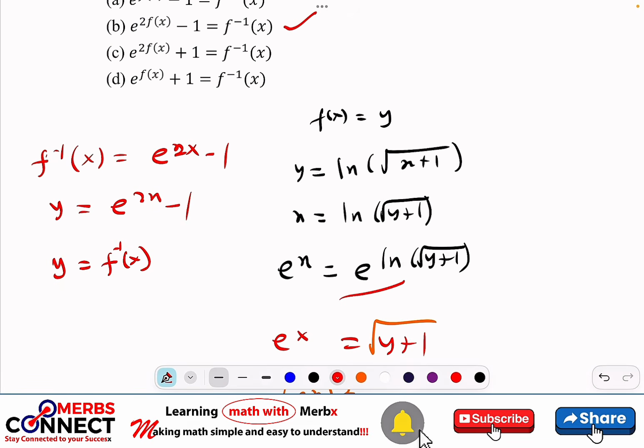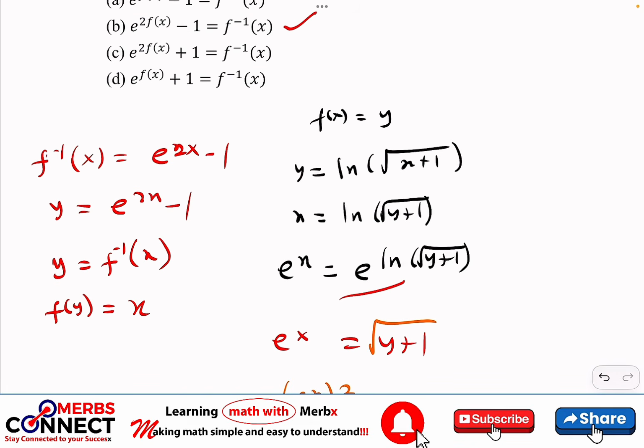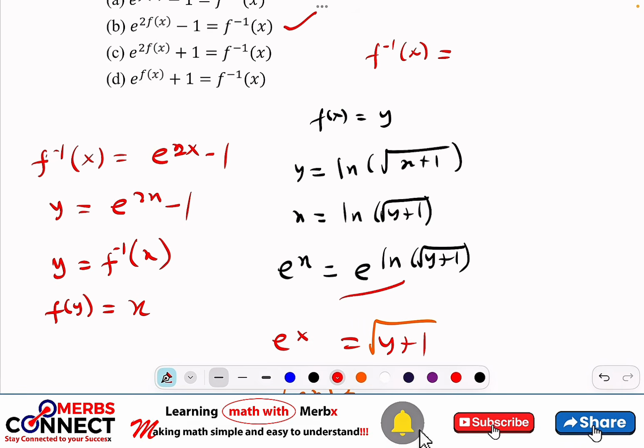from here, then f of y is equal to x. Yes, I think this is true. Yeah, it's true. If y is equal to f inverse of this, then this is true. So we can replace the x by f of y. So I think, yeah, that's what we are getting there. So this will be f inverse of x is equal to e to the power 2 f of y.